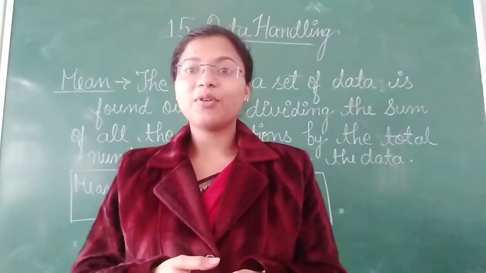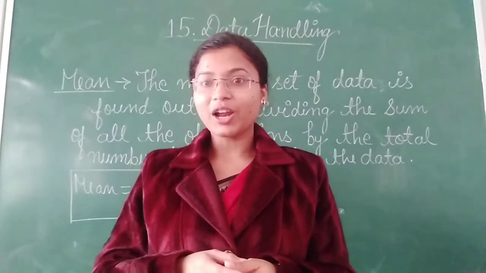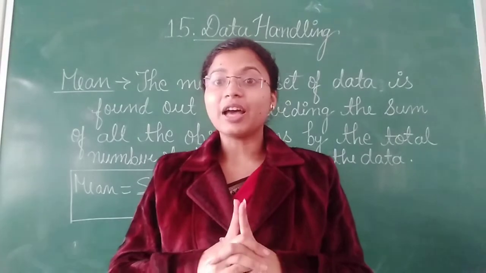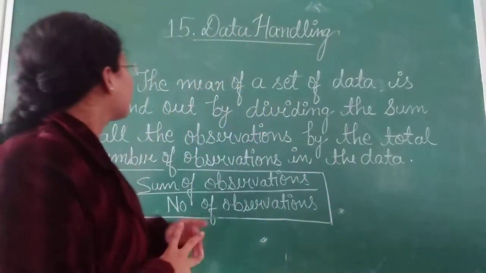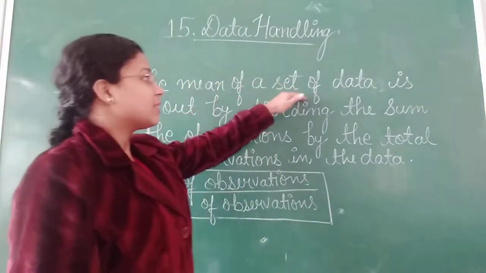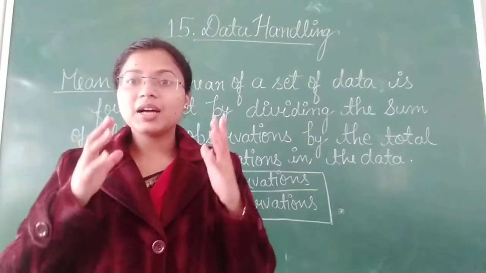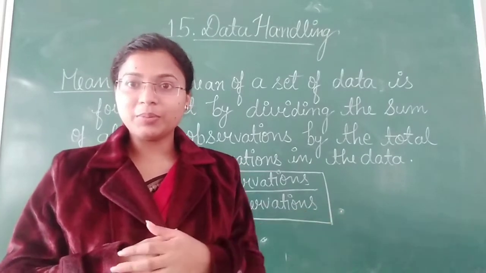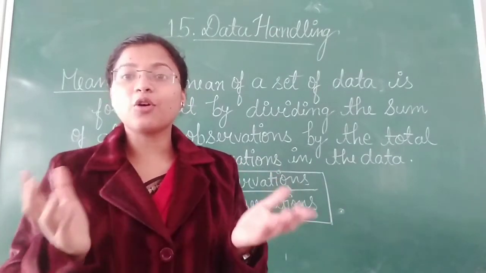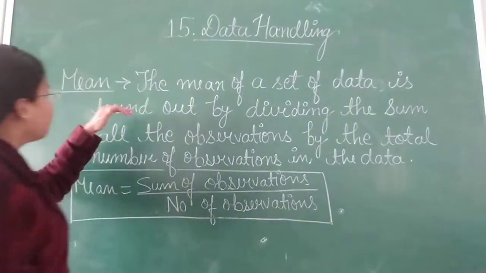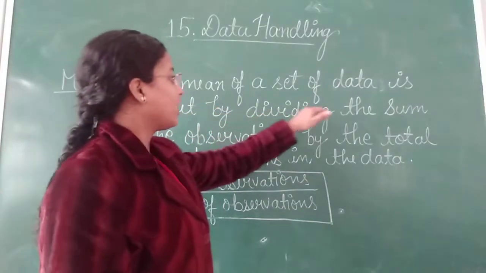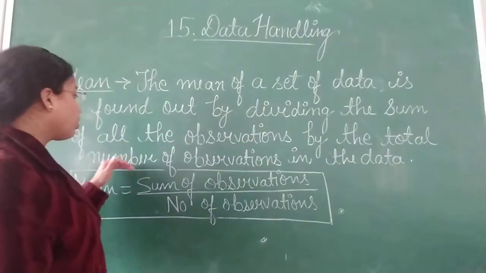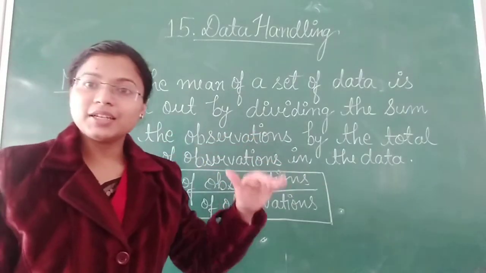So let's start our first exercise in which we are going to talk about the mean. First of all, what is the definition of mean? The mean of a set of data, that is, a collection of numbers which in our question will be given, is found out by dividing the sum of all the observations by the total number of observations in the data.